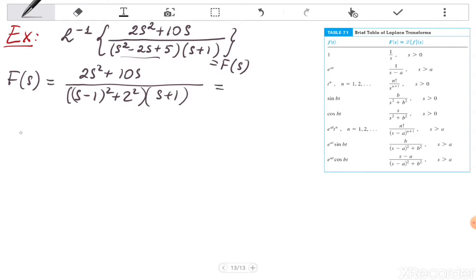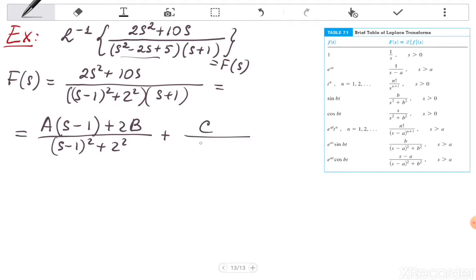So it's better if we write it as a times (s minus 1) plus 2b over (s minus 1) squared plus 2 squared, and plus the fraction for s plus 1, so like this. So this first fraction corresponds to this factor, and this second fraction corresponds to this factor here.